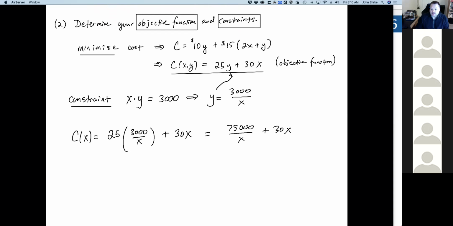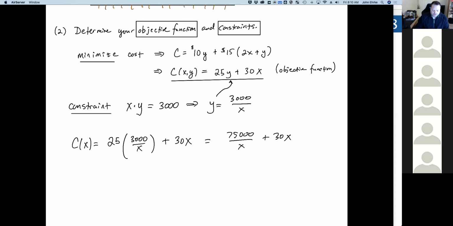Okay, at this point, that is step 2. I've determined my objective function. Here's my objective function in a good form. I know what my constraints are, and it's just a matter of figuring out what the value of x is that will minimize this function. So we know how to do minimization.